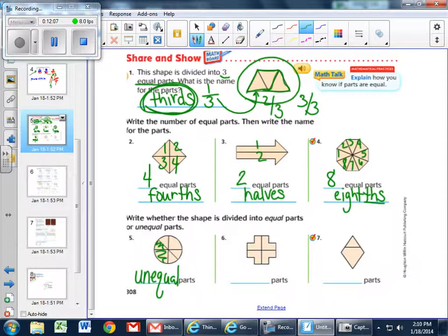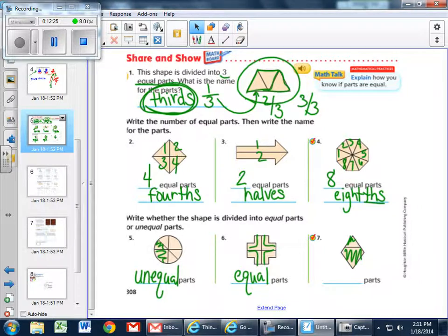Looking at 6, these all look to be the same size, so you're going to write equal. And number 7, what do you think? Is this the same size as all of this? Go ahead and fill in your answer.